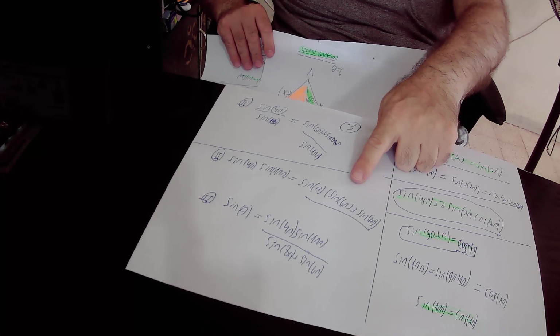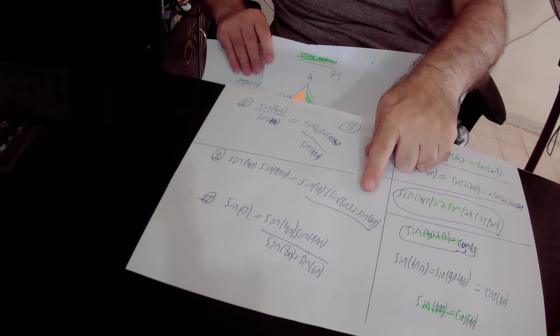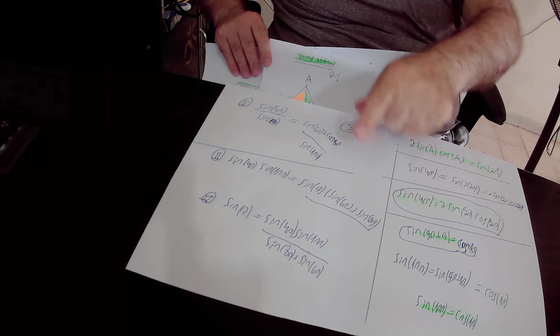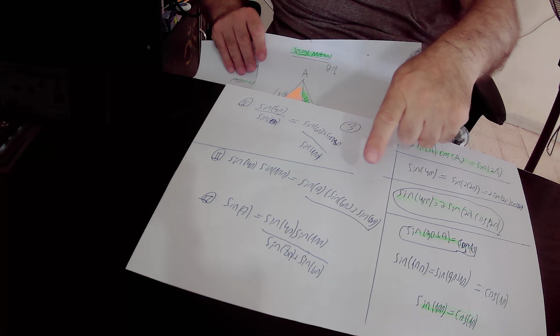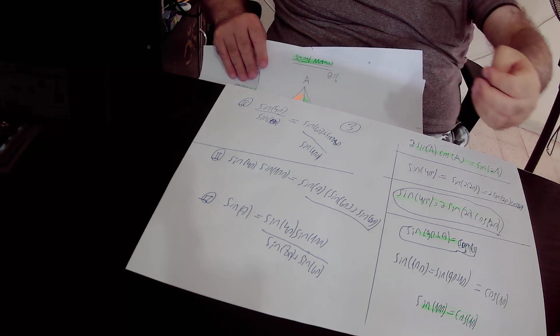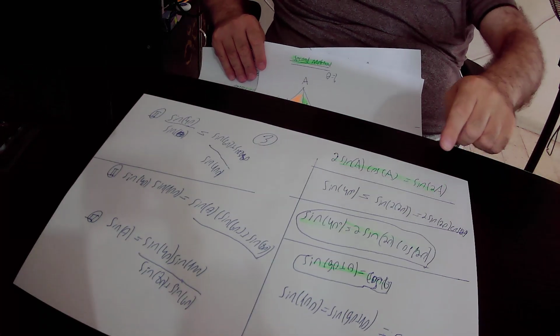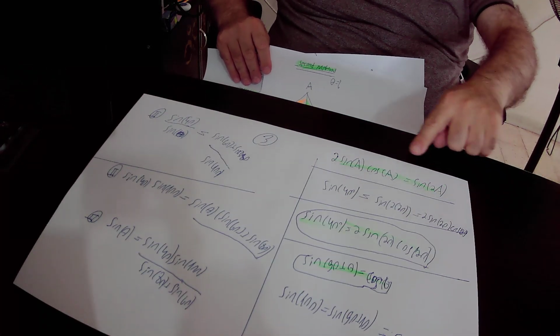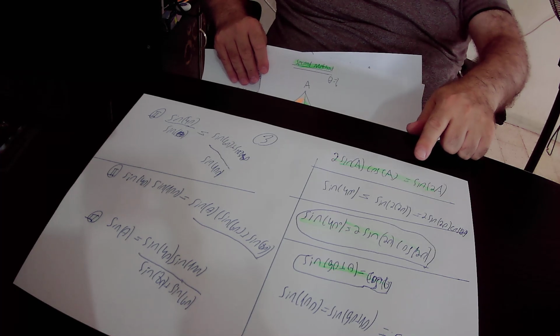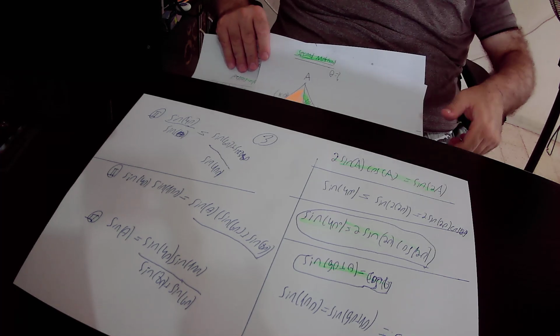Here we divided equation number 2 by sin 60 degrees plus sin 80 degrees, and we got that sin theta equals sin 40 degrees times sin 100 degrees over sin 80 degrees plus sin 60 degrees. We have the trigonometric identity that sin 2a equals 2 sin a cos a. We use this identity for sin 40 degrees.